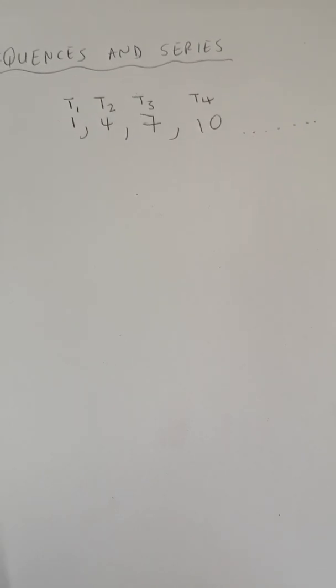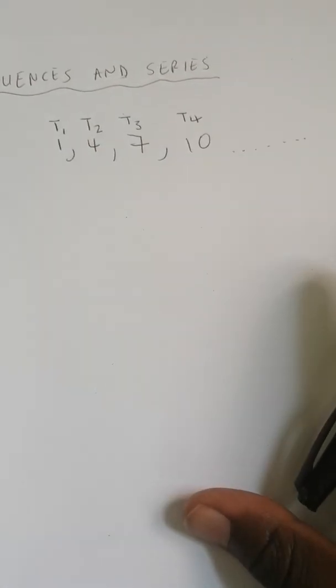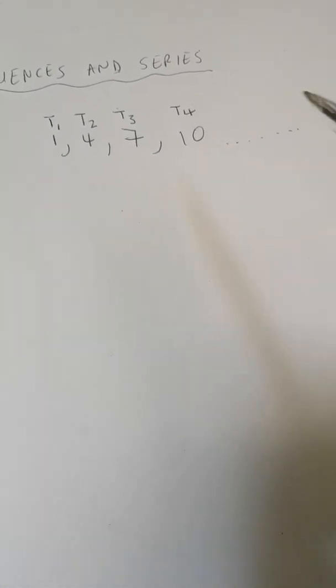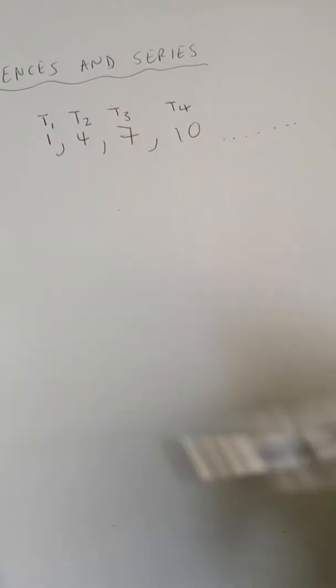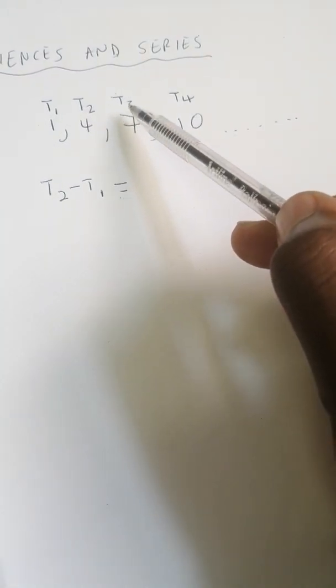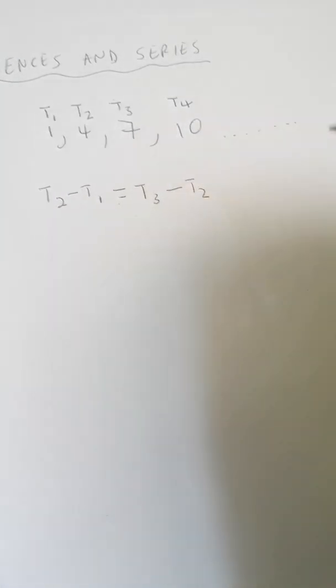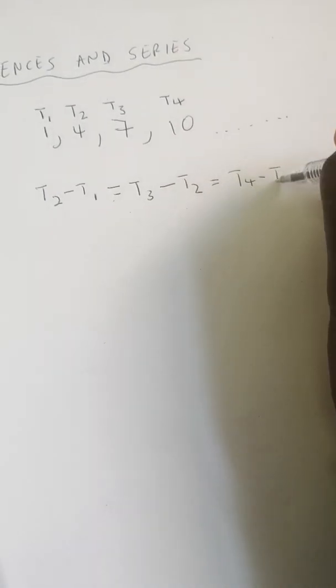So it is very important to understand this simple process. To get the common difference, you just say the number in front minus the number behind. So the common difference is equal to T2, the second term, minus T1. It should be the same across: T3 minus T2 is equal to T4 minus T3.